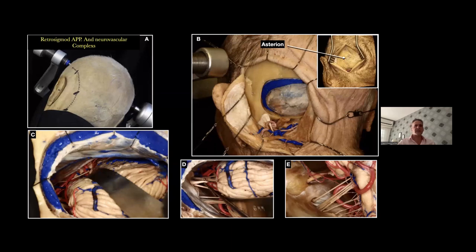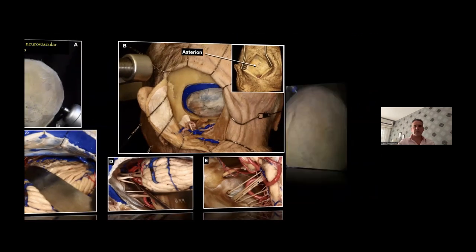It's important to understand the point where we start the craniotomy, the asterion as a landmark, and the exposure of the transverse sinus, the sigmoid sinus, and opening the dura mater, we can expose in C the upper complex. In D, we can expose the middle complex, and in the E picture, we can see the lower complex like we described before.